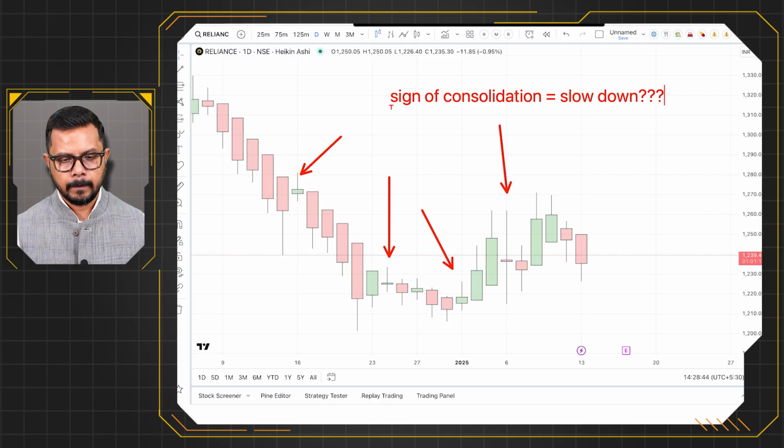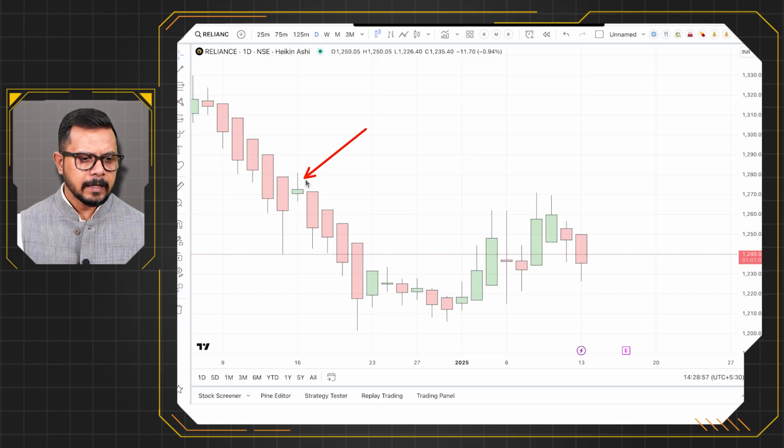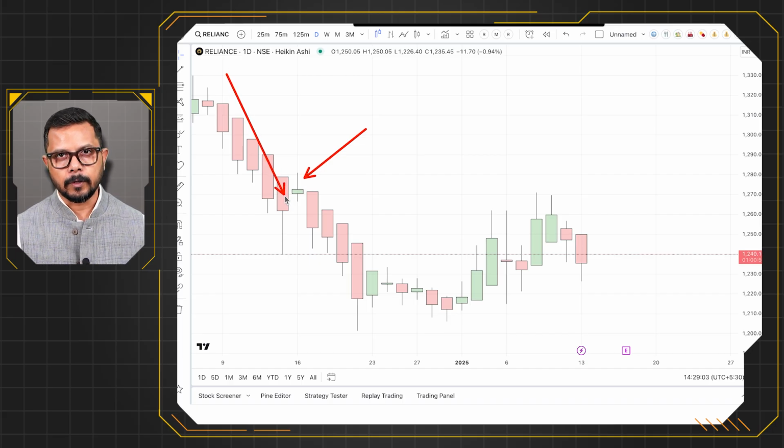From what? So there can be 2 possibilities. Let's say the market was going up, now it's slowing down. Or take this example, it's always great to take examples and discuss. If this is a sign of slowdown, then the first thing I'll ask is, why are you slowing down? Then the chart will tell me, listen, I was falling for 5 days, I need to slow down.